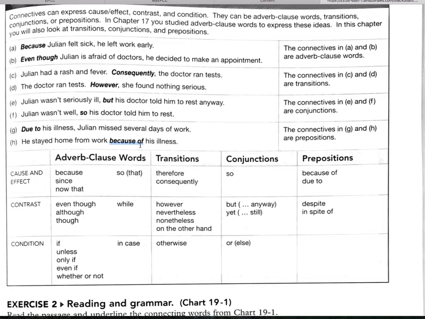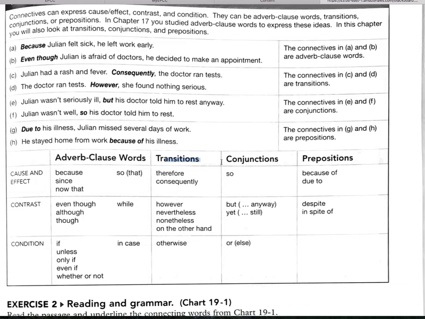Okay? So if we look at the bottom, the list, these are adverb clause words right here. Okay? That means that these words introduce adverb clauses. Because, since, now that, so, or so that. Transitions that introduce cause and effect: therefore, consequently.